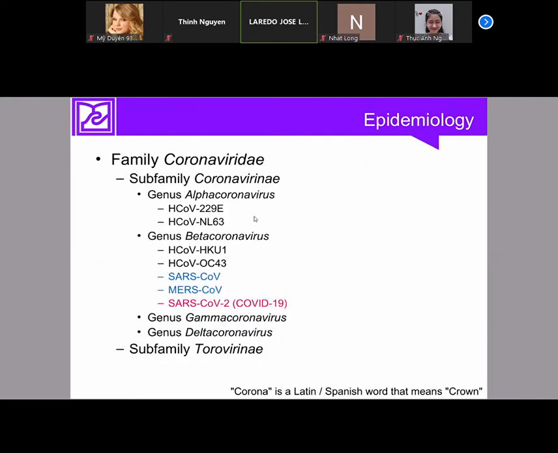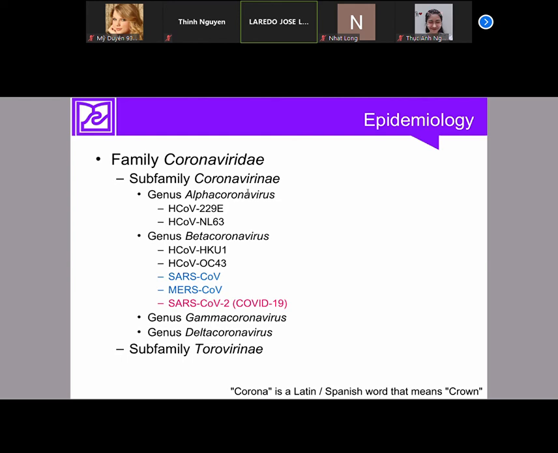So look, coronaviruses may be classified into 4 different genera. We know many different coronaviruses. When I explain this class, because coronaviruses are not new, I divide them into 2 groups. The old coronaviruses and the new coronaviruses, okay?